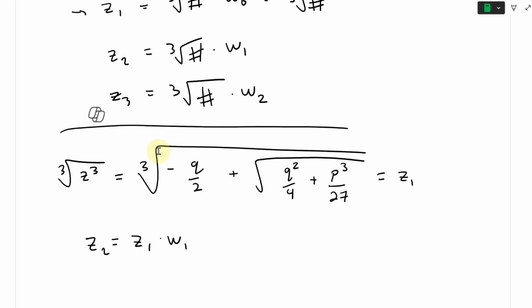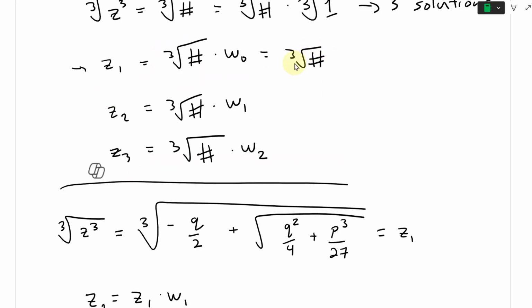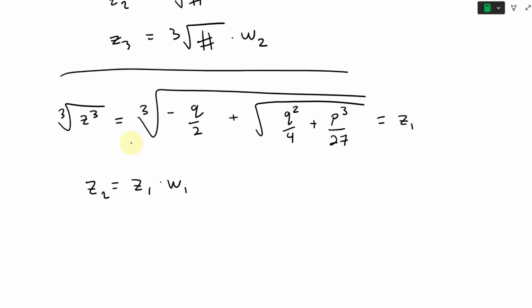So z2 is just going to be equal to z1 times w1, and then I'll put a bracket right here. Also z3 is going to equal z1 times the second one, w2 right there. And now note that we've plugged this all inside the y solution.